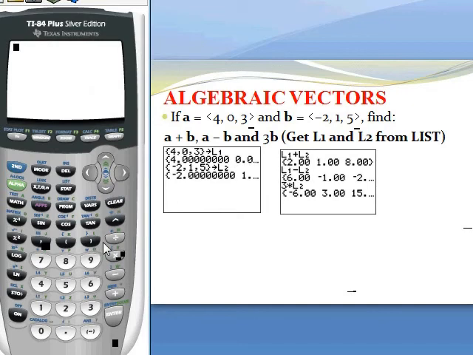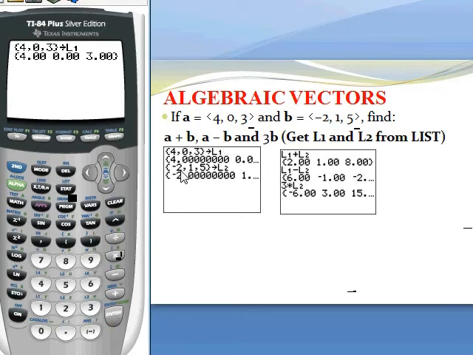So what you can do is enter your vector as 4, 0, 3, and make sure that your calculator understands it's a vector, and store it in a list, not in a letter, but in a list. And remember, the list is under the list key right here above stat, and let's put that in L1. Okay, now it put that in there.